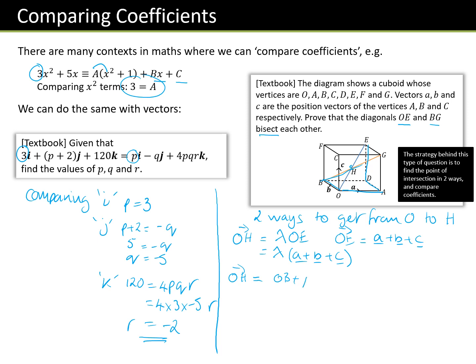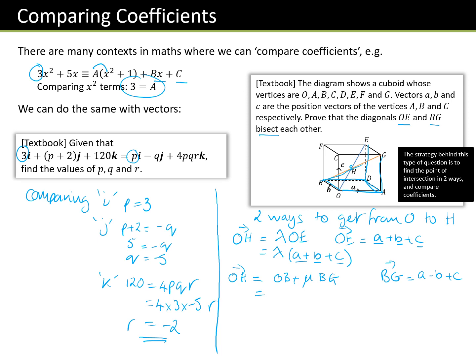We can't call it lambda, we might call it mu, B to G. Now B to G is equal to, you need to go along A, back the opposite way B, and up C. So that's going to be A minus B plus C.